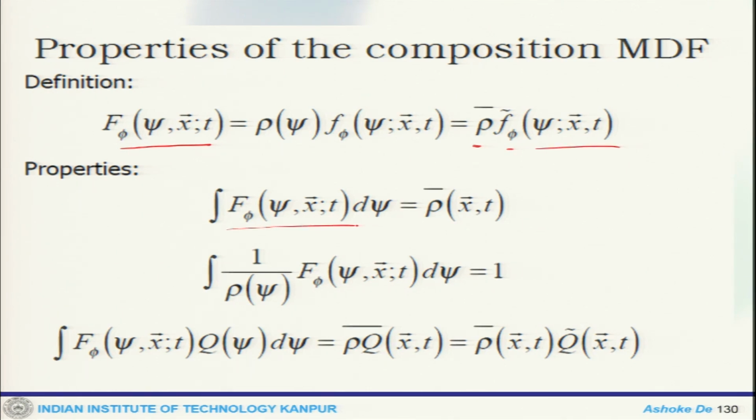If we integrate this over d psi, this gives me the mean density, and the normalization criterion also gives me 1. What is important here is this particular property: if F_phi is q psi and d psi, then one can write the variable as the mean density and q. This decomposition would help to simplify some situations.